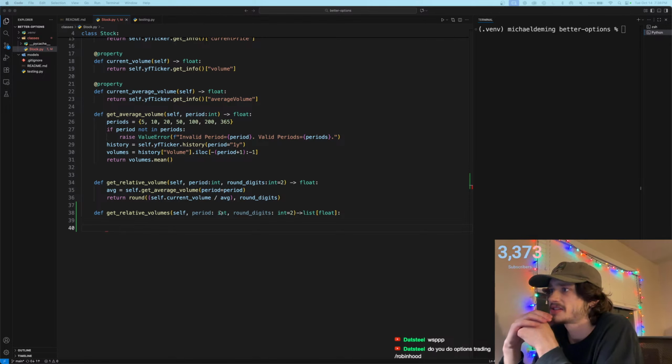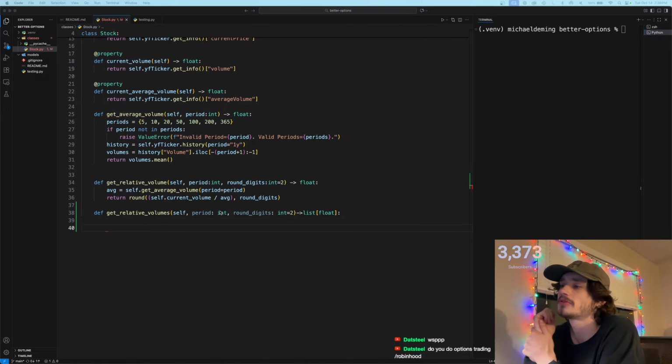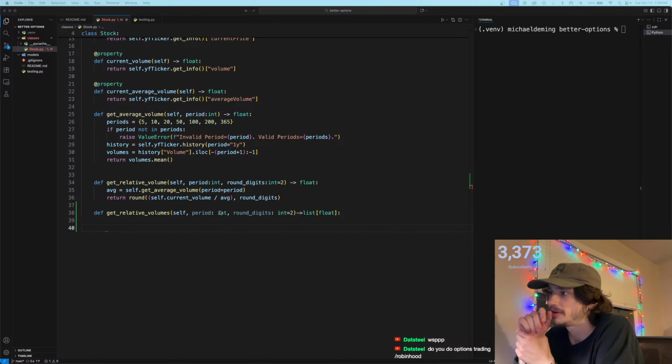So the thing is this gets the average volume for the last X amount of days, but this doesn't give you. So we want to get the relative volumes for every day of the period.